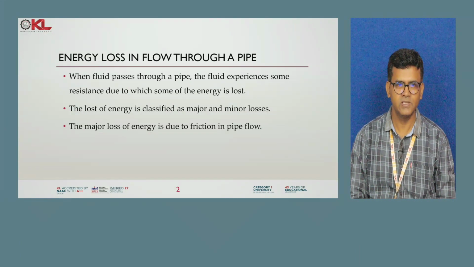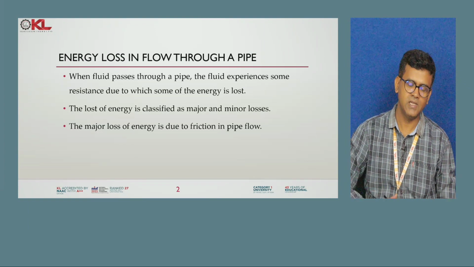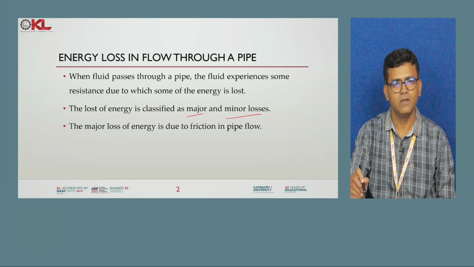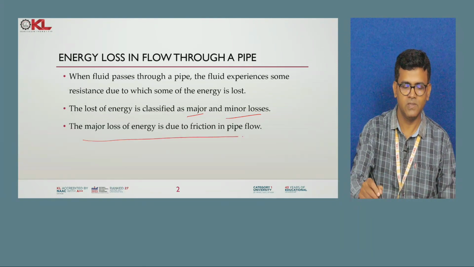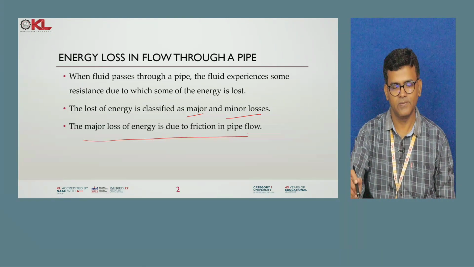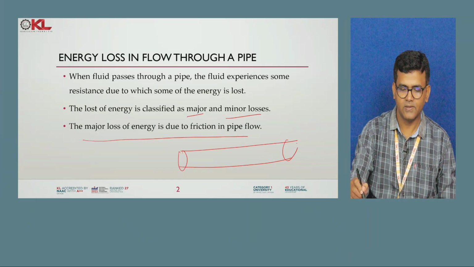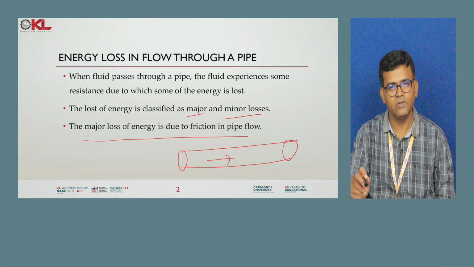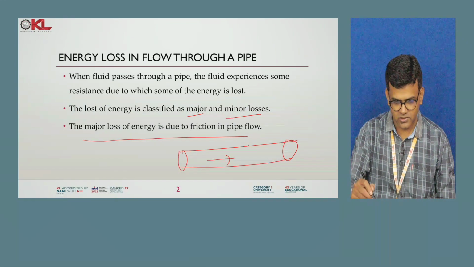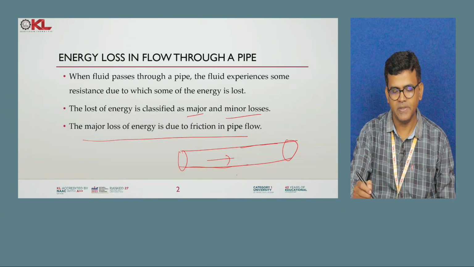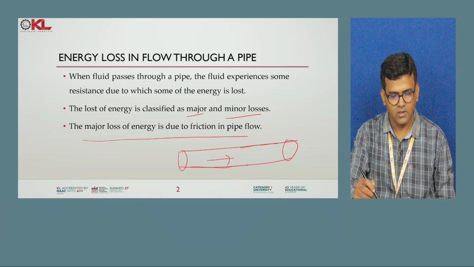This loss of energy is classified as major and minor losses. The major loss is because of the friction in the pipe flow. When the fluid is flowing in the pipe, the flow is in touch with the pipe material surrounding it.